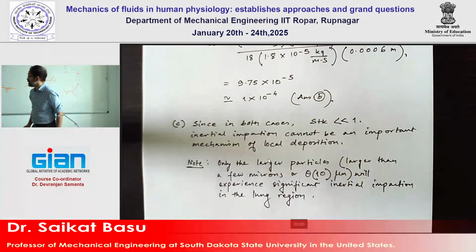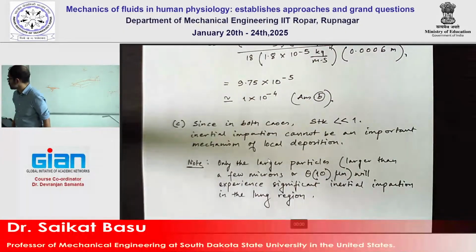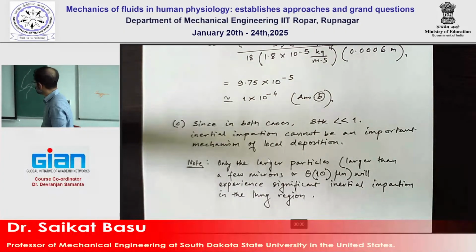But it can still happen because the lung region would allow those 10, 20, 30 micron particles to go through, because they're wide enough.